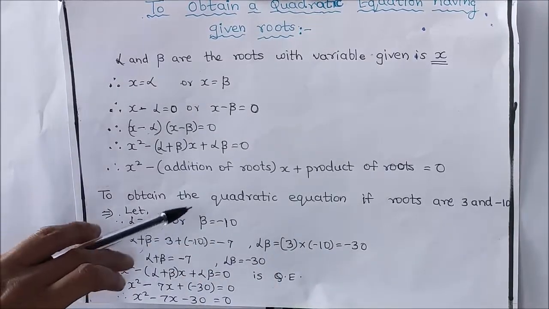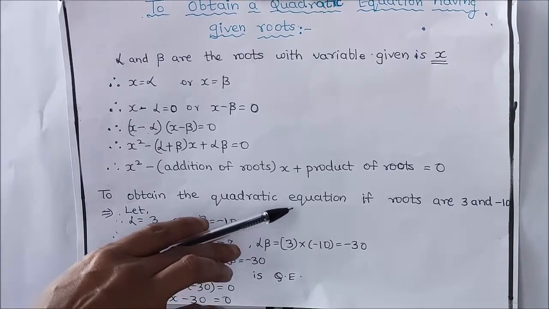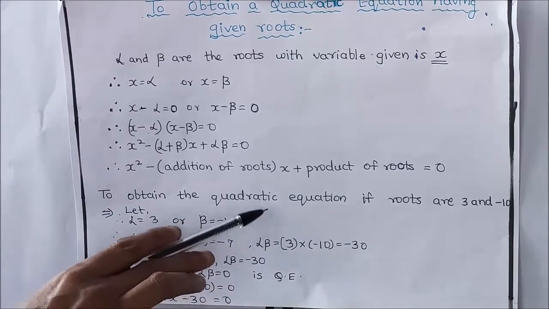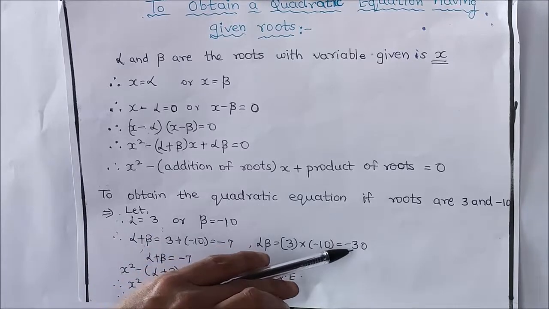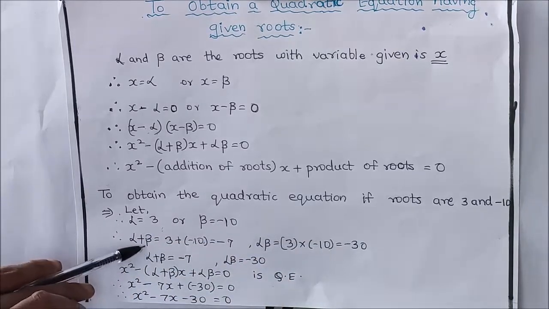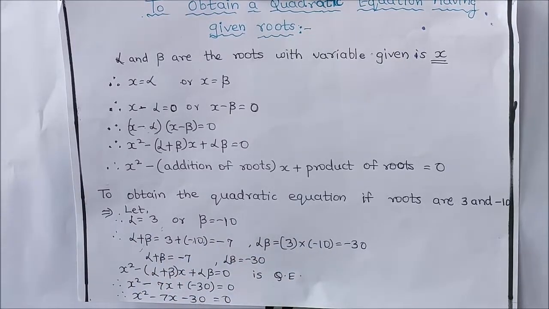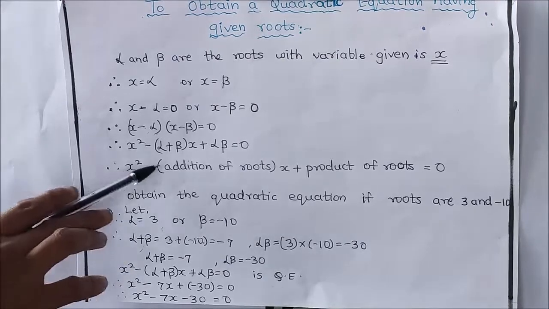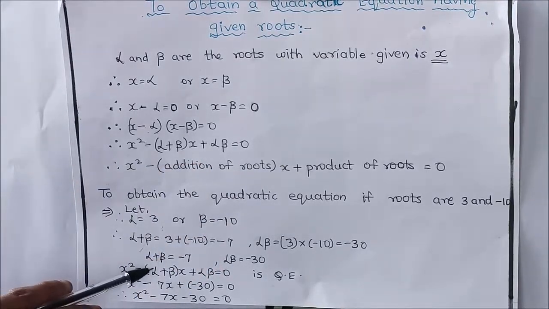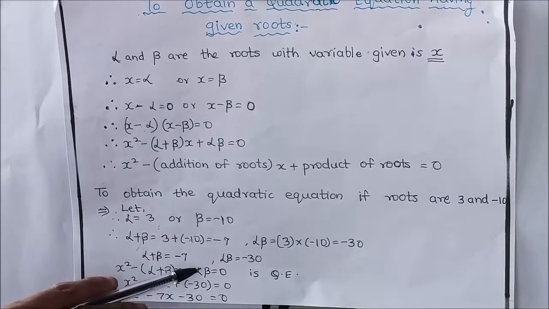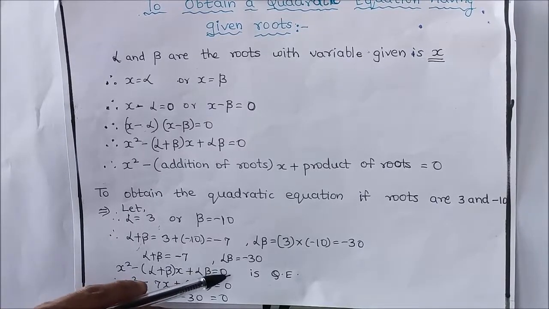So the product of the roots is minus 30 and their sum is minus 7. Now we'll substitute in this formula, x square minus alpha plus beta into x plus alpha beta equals 0.